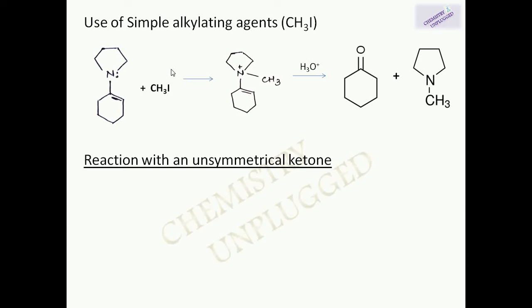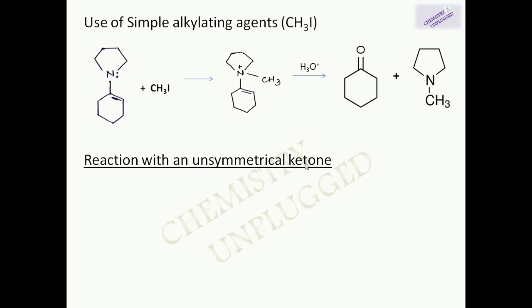But lithium enolates cannot be used for alkylation of aldehydes because they will undergo self-condensation reactions. So for ketones, we can use LDA. We can convert them into enolates and then do alkylation. But for aldehydes, enamine formation is a better option.